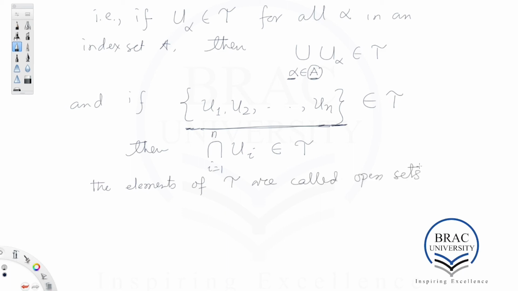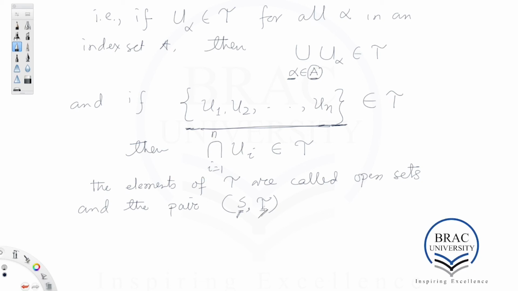And the pair (S, tau), where S is the set that we started with, and tau is the collection of certain subsets of S that obeys what we have written earlier: the closure under arbitrary union and the closure under finite intersection, the empty set is there, the total set is there in this collection.